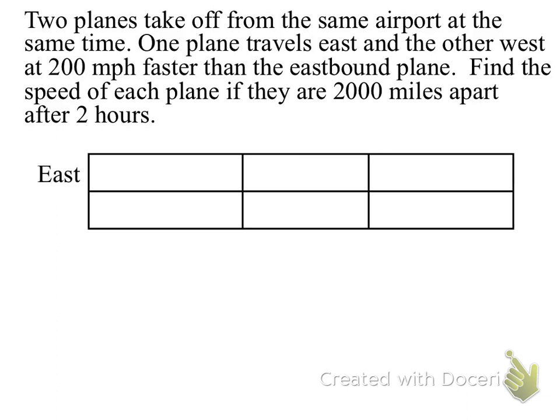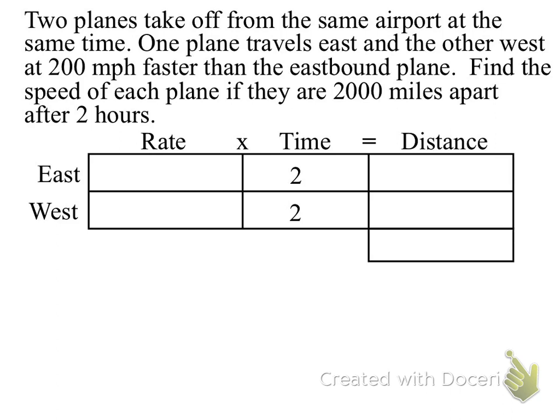So we're still talking about east and west. We're still doing rate times time equals distance. We know that the time is still 2. The 2,000 is still going in the same place. The distance is 2,000. This time I'm going to call one rate X and one rate Y. And we're going to use the language to create an equation.